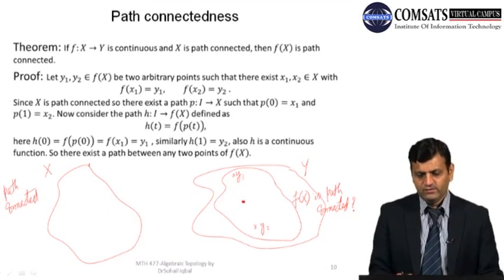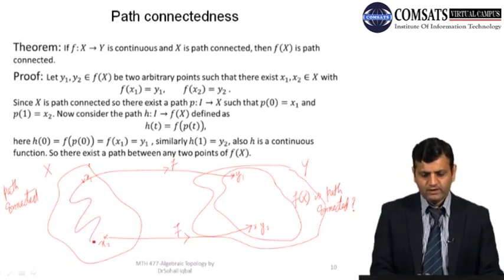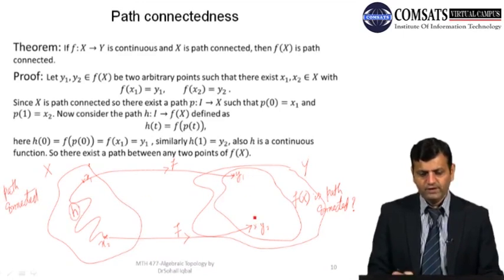If these are elements of f of X, there exist points x1 and x2 such that y1 is the image of x1 under f and y2 is the image of x2 under f. X is path connected, so there is a path between them. We are just going to consider a path, let's say this is the path h, take its image under f, and this will give us a path from y1 to y2.